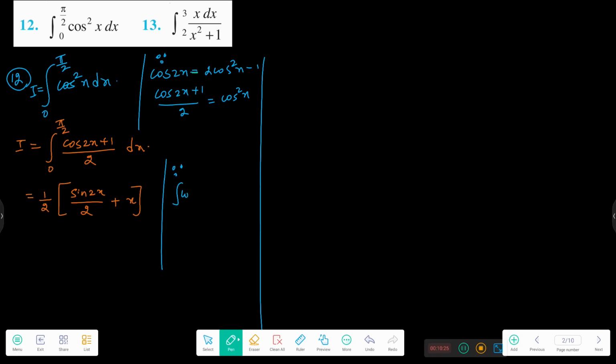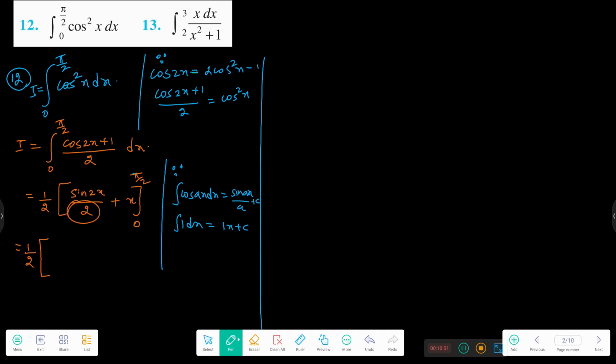If you want to write, integral cos ax into dx is sin ax divided by a plus c, you can write. Integral 1 into dx we can write 1 into x plus c. This is the formula used. Now integral 0 to pi by 2, limits we are applying. Now apply the limits. 1 by 2, let it be outside commonly.